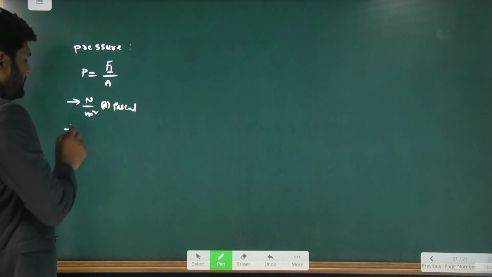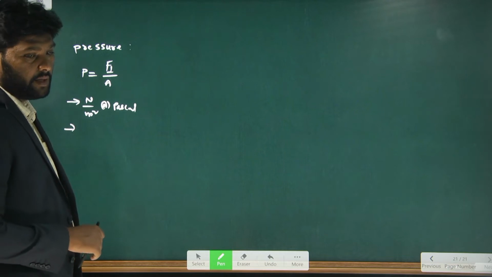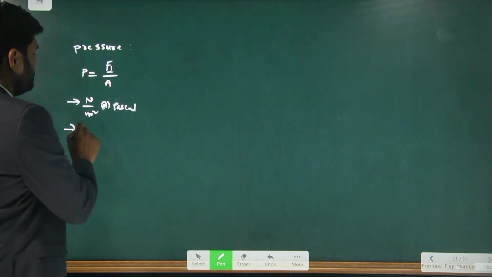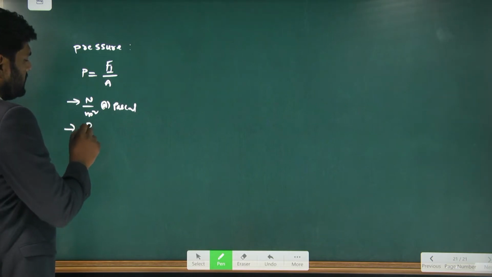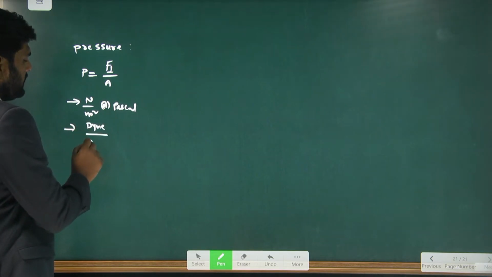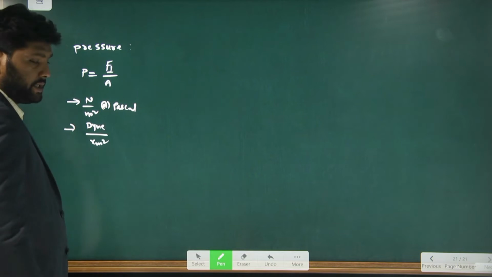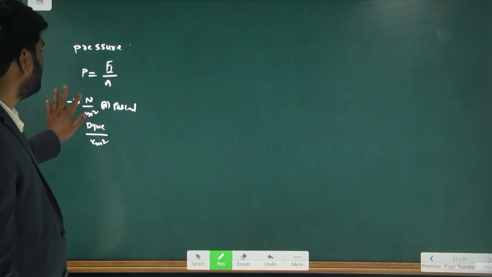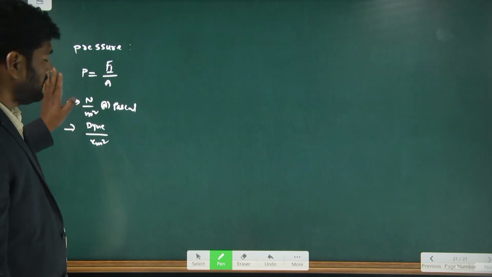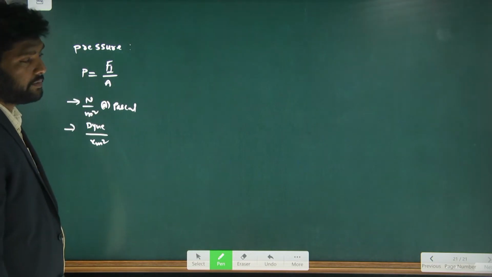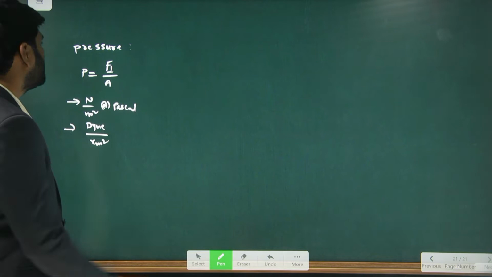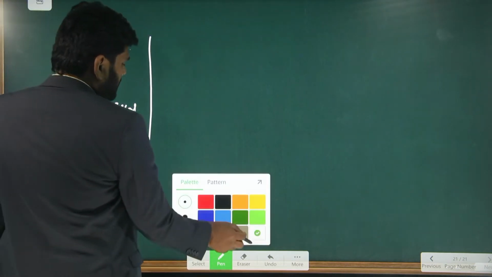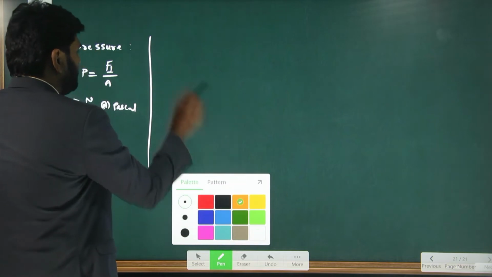In the CGS system, the unit is dyne per centimeter square. Newton per meter square is the SI unit, or Pascal also we can call. This is all about the pressure formula.